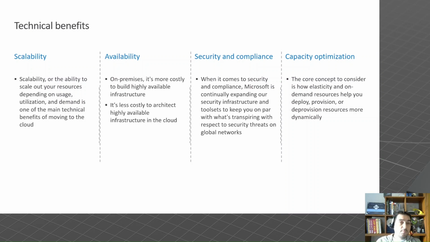And again, scalability, availability, if we jump on the last one, capacity optimization, right? What I usually say is when we look at the on-premises data center environments, that's a static environment compared to any cloud side, whether it's infrastructure, platform, or software as a service, right?